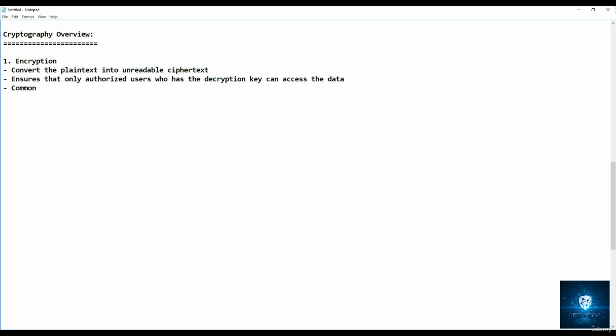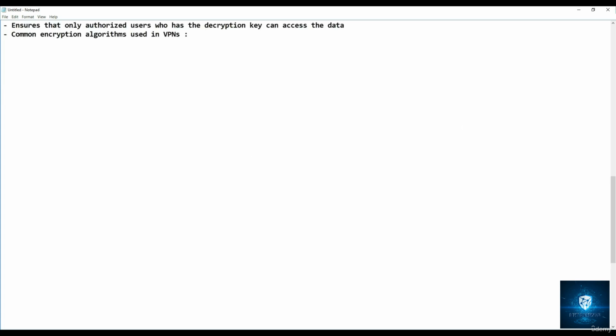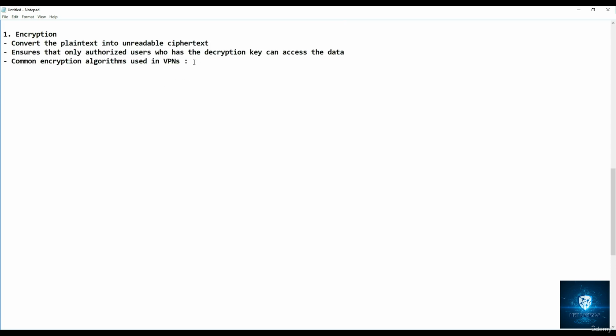Let's write it down. Common encryption algorithms that are used in setting up VPNs. You have got different ones. You have got DES and 3DES. Those are older ones, right?